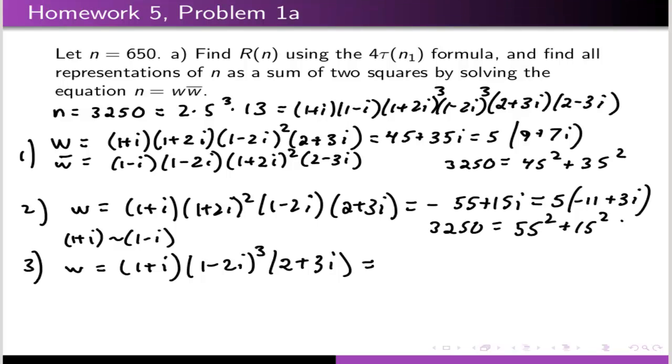So this one we did in the notes. And what am I getting for this? 1 plus I, 1 minus 2I cubed, 2 plus 3I, get 1 minus 57I.